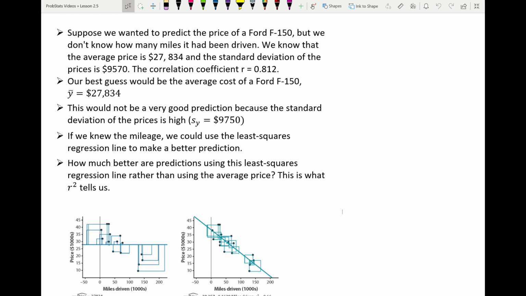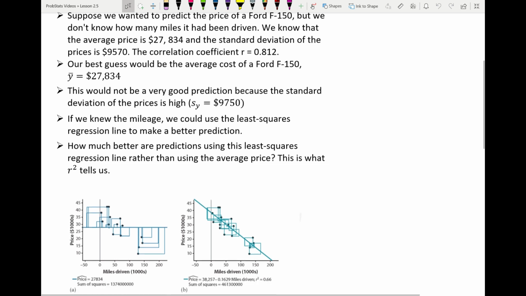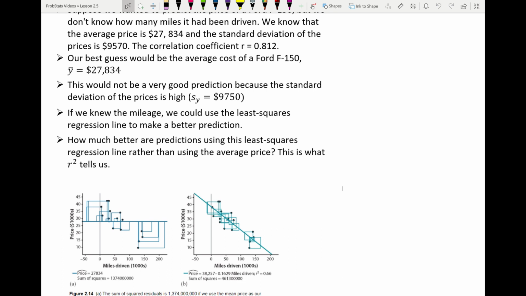So there's a good chance that it's a little over or a little under your guess. So if we knew the mileage, we can use the least squares line to make a better prediction. So how much better are the predictions using the least squares regression rather than using the average price? This is what the r squared, the coefficient of determination, actually tells us.